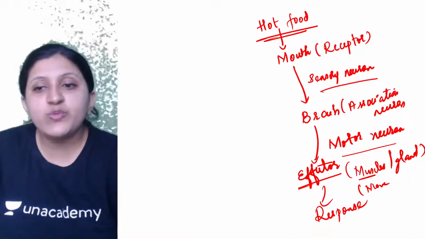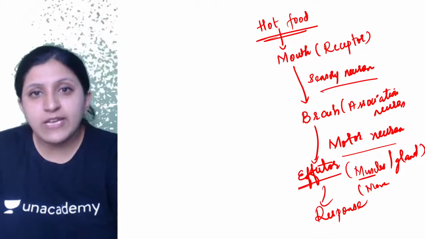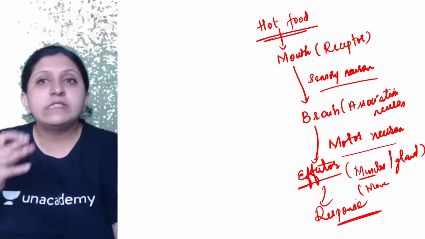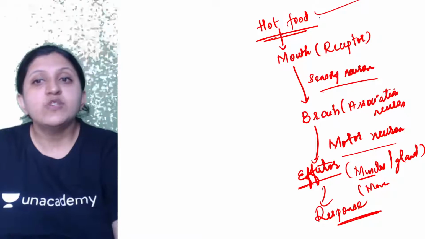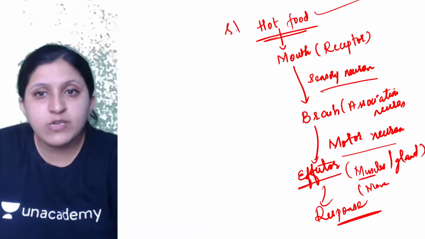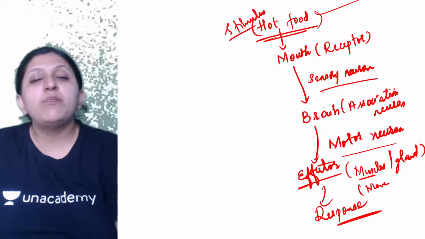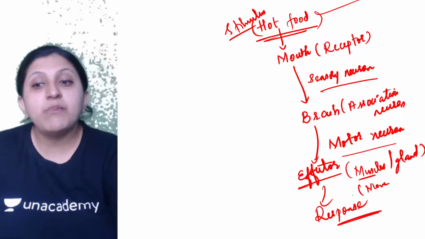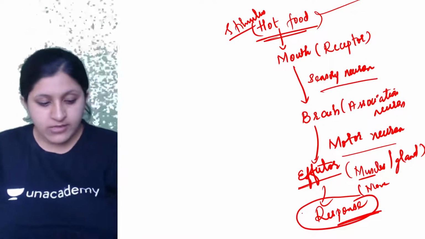So now the muscle movement can occur, and that is the response where you spit it out. Any external or internal stimulus, basically any stimulus, is what can bring about changes in the nervous system, which can bring about a response mainly. That is a stimulus.